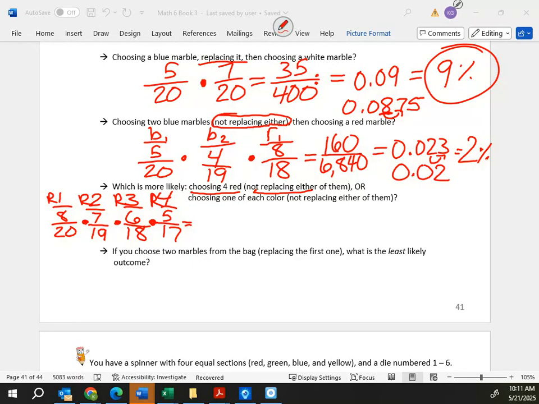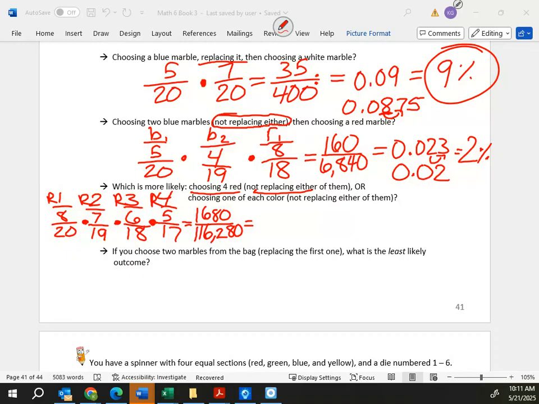What is 8 times 7 times 6 times 5 over 20 times 19 times 18 times 17? What big, huge fraction do I get? Sarah? 1,680 over 116,280. What decimal does that bring me down to?